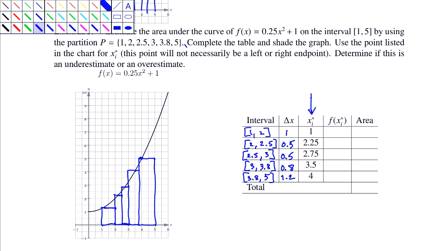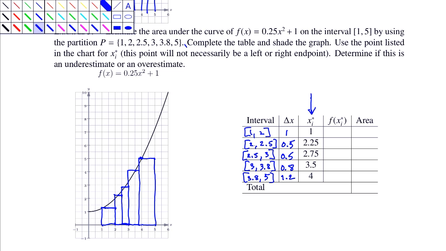Now you can use your calculator to compute these values for you by changing table set from auto to ask. So the first xi star value is 1.